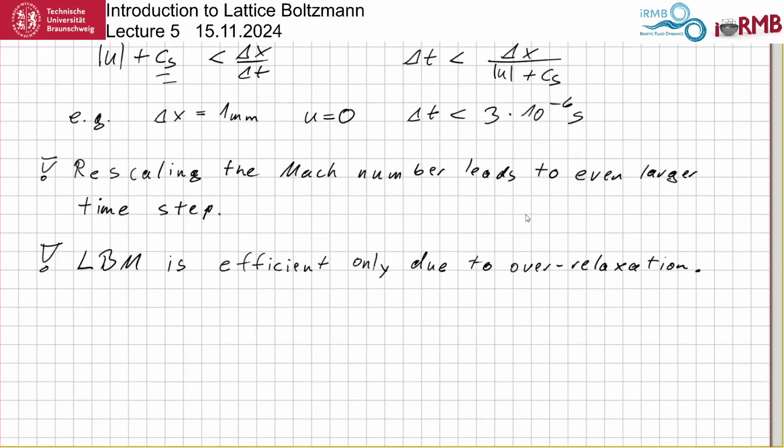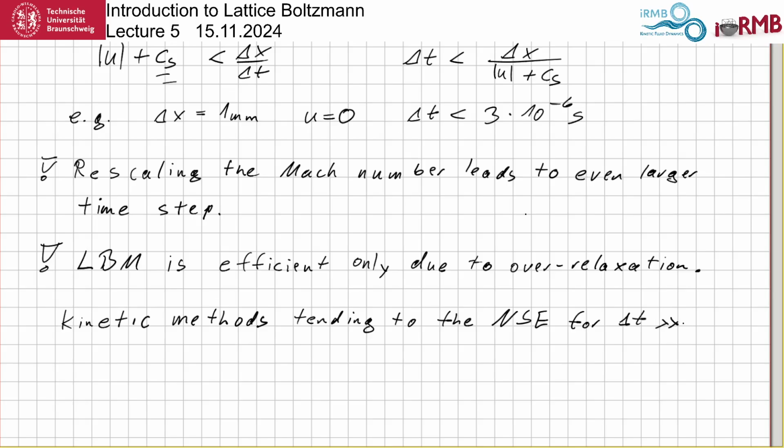There's a property that some people mention. I give you a warning because I don't seem to understand this myself very well, but this is my version of it. There are kinetic methods tending to the Navier-Stokes equation for the case that we have been looking at, so delta t is much larger than tau.